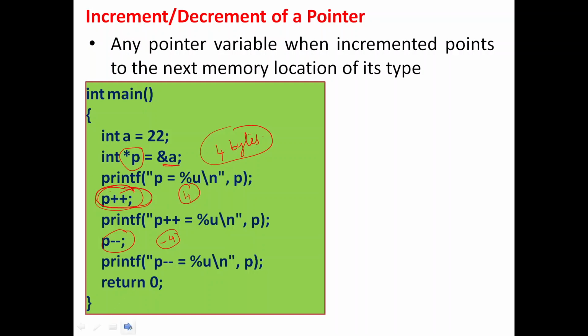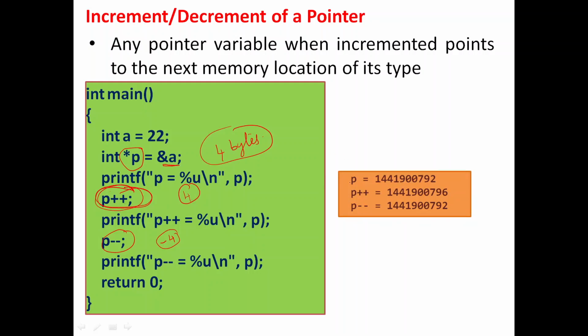So initially, the value stored in p is this one. If we increment, since it is an integer pointer, it is incremented by 4, and when we decrement the pointer, the value is decremented by 4, because this pointer is of integer type. We know that the size of an integer is 4 bytes. So this is the increment or decrement operation.